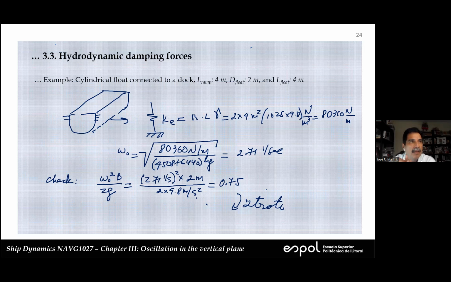Now, in general, we don't do this calculation. What we do is we simply take several waves of different length. And how are you going to identify the natural frequencies? People, how can you identify natural frequency?